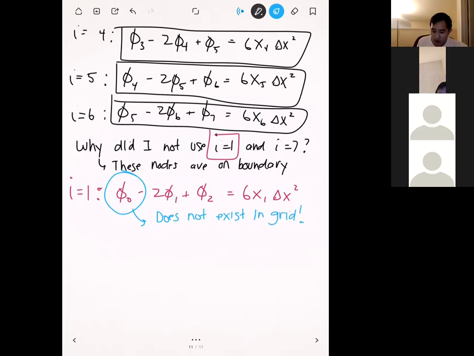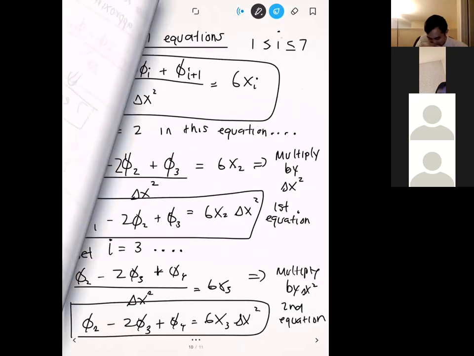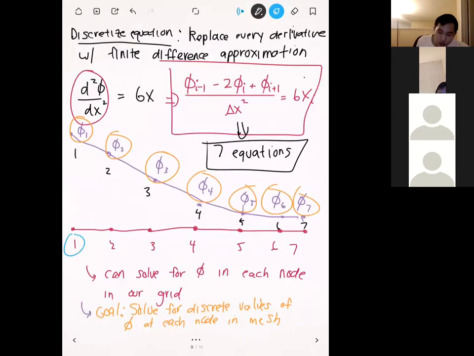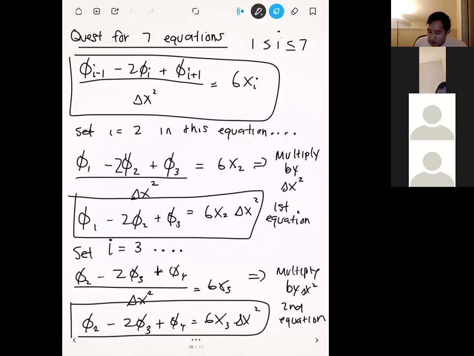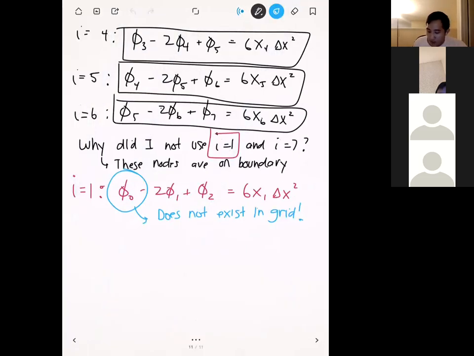Remember, for our grid, we started counting at 1. Our leftmost node here is 1. If we wanted a phi 0, it would exist somewhere on the left side of this grid, but there's nothing on the left side of this grid. Since phi 0 doesn't exist here, we can't apply our finite difference approximation, so this whole equation can't be used.